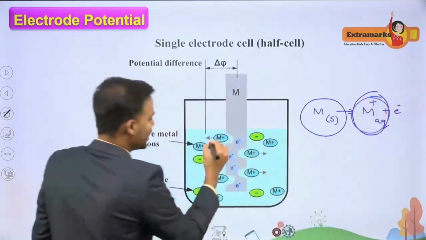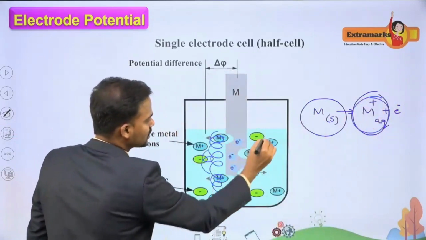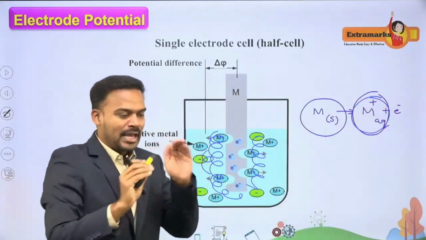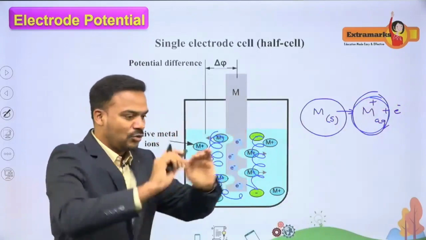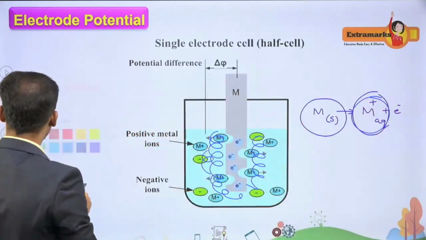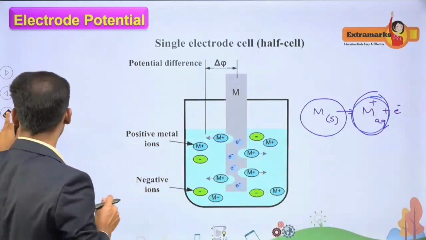Just around the metal electrode. The metal electrode is surrounded by M plus ions. You can see there are a lot of M plus ions here.